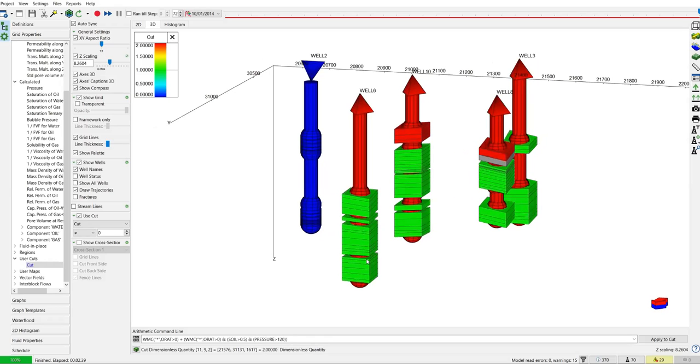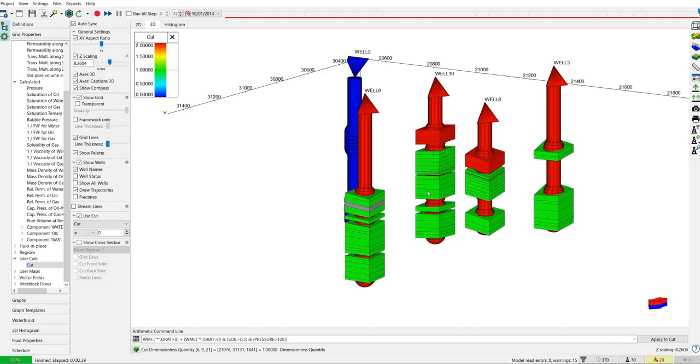And what about the rest, the green color? It will be up to you. Maybe they do not meet the pressure criteria or the oil saturation criteria, and maybe we will put them in lower priority compared to the red one, because the red one already for sure meets all our criteria, having oil saturation greater than 0.5 and being pressurized greater than 120.